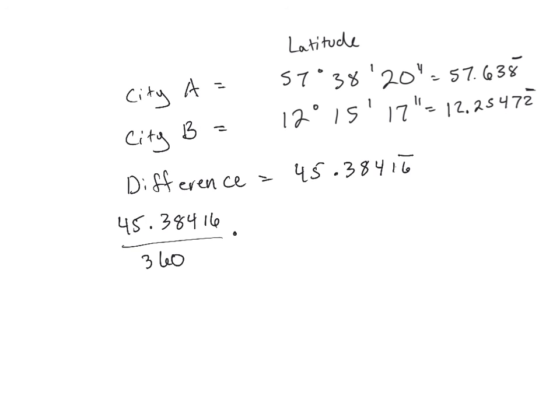So we're going to assume that. So it's 2 pi r, so times 2 times pi, and I get 4,000 miles, assuming this is the radius of the Earth. It's 4,000 miles here. So let's see here, divide by 360 times 2 times pi and times 4,000.